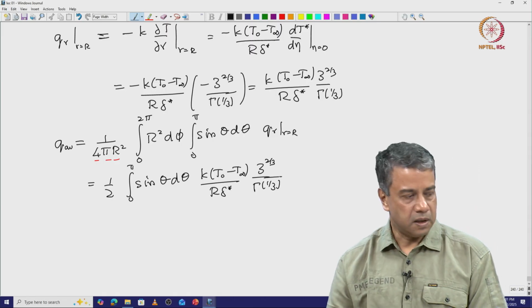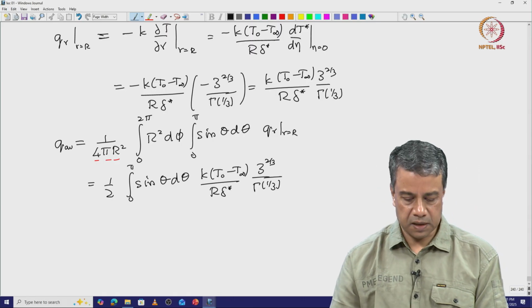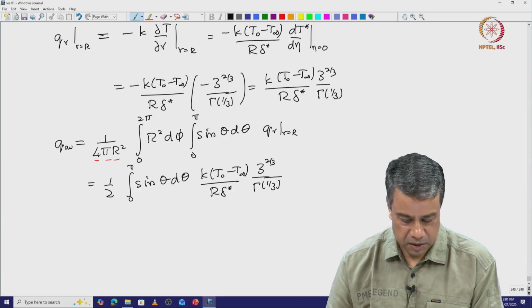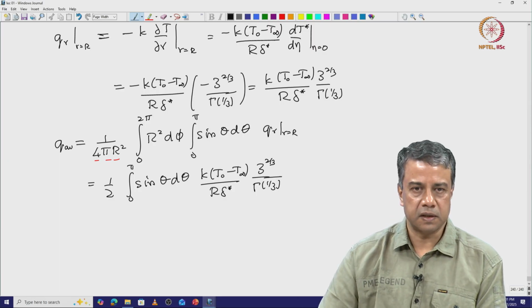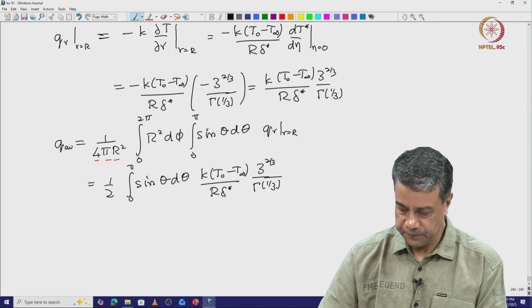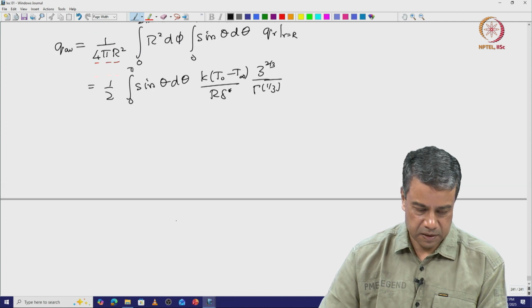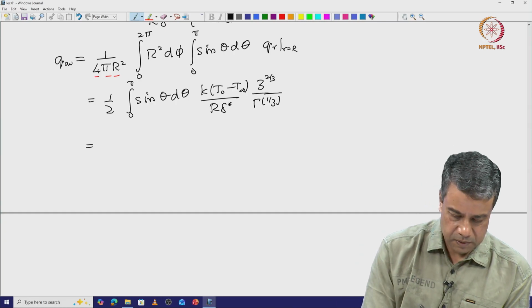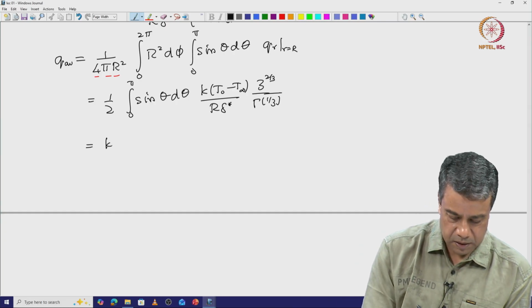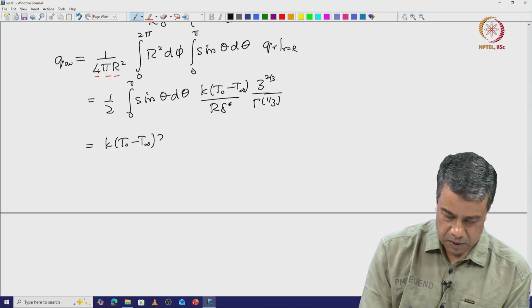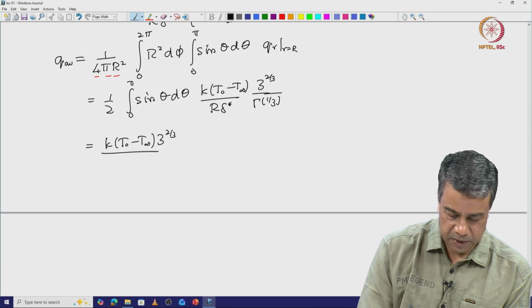In this expression, the only thing that depends upon theta is the boundary layer thickness delta. So everything else can be taken out as a constant.